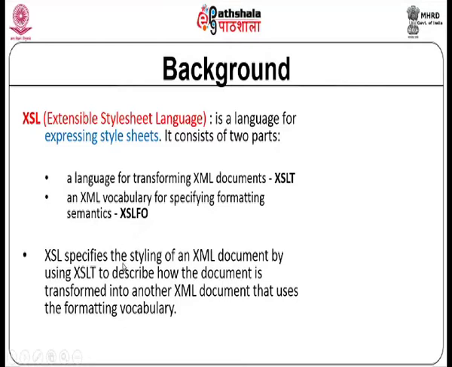So this XSL specifies the styling of an XML document, but XSLT is used to describe how the document is transformed directly to another XML document or HTML document or an XHTML document, and that also uses the formatting vocabulary.